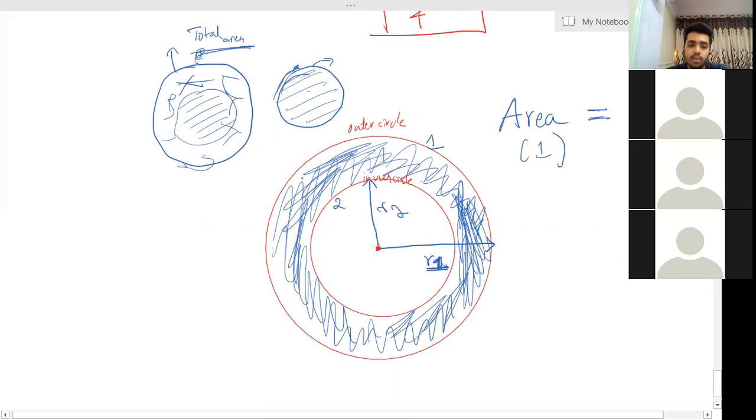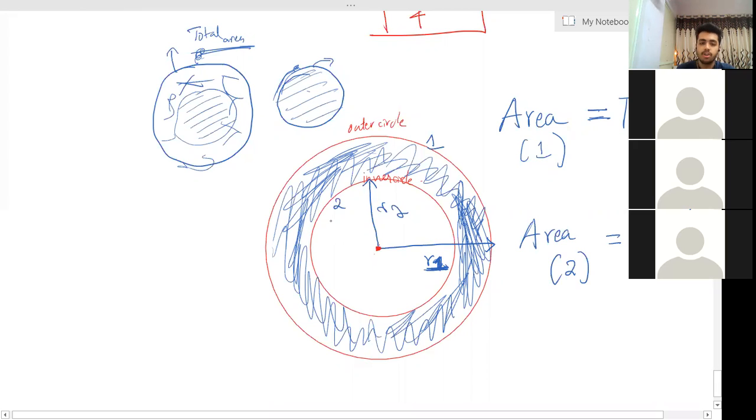What is the area of the big circle? Pi r square. Pi into r1 square, because it's not just r, this is the first radius, right? And what about the area of the smaller circle? Pi into r2 square.